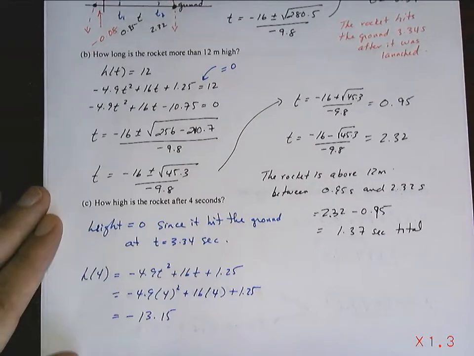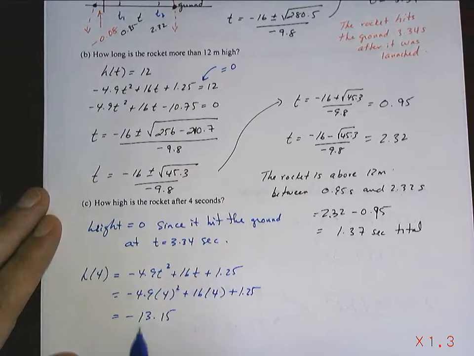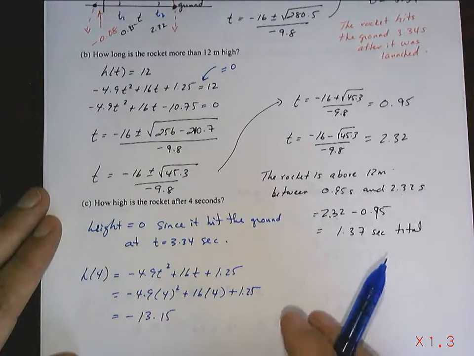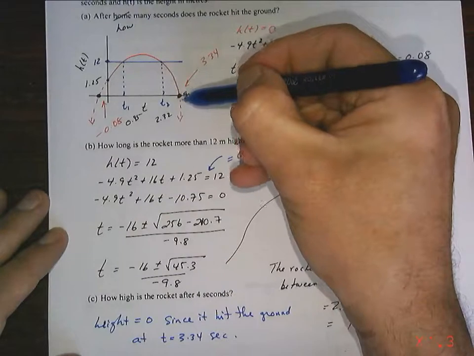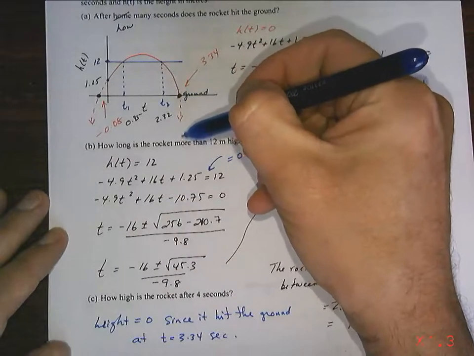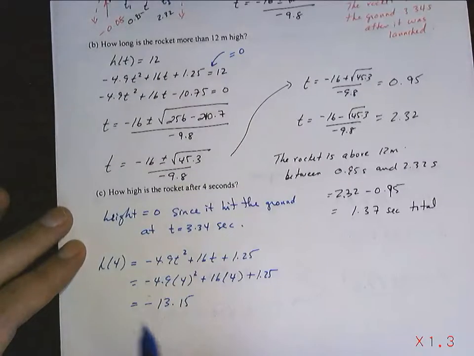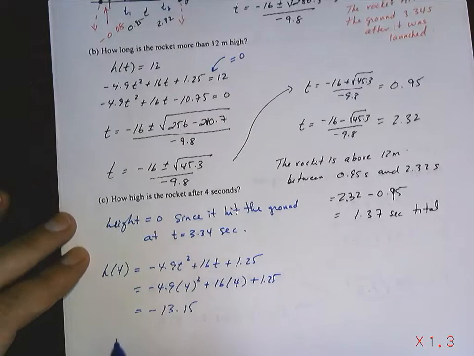Now, if you tell me that the height of the rocket is negative 13.15, I'm going to have a problem with you. Because what you're telling me is the rocket hit the ground and kept going through the ground. Well, it didn't.